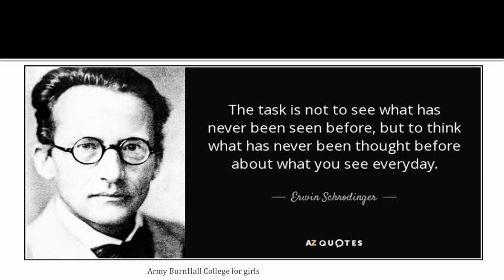You can see everyday phenomena and find new things within that. You have to strengthen your imagination and think about the universe. The more you think, the more you will learn.